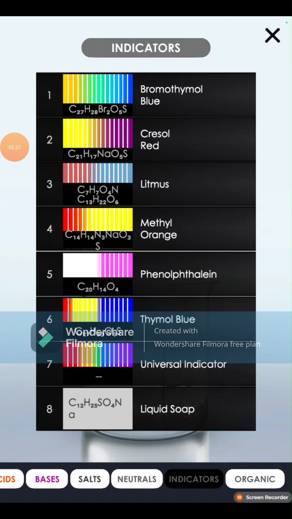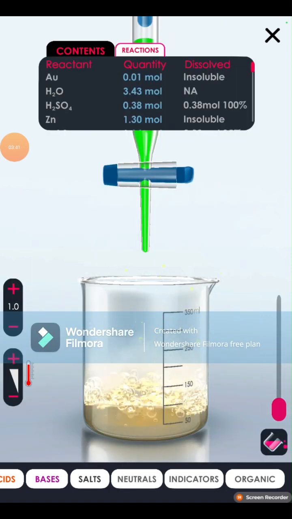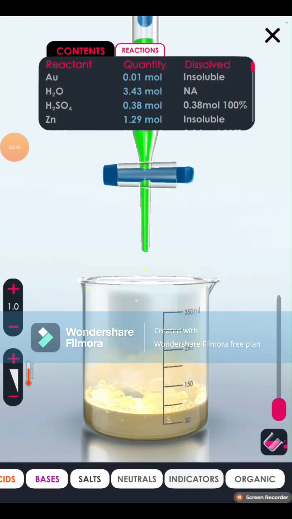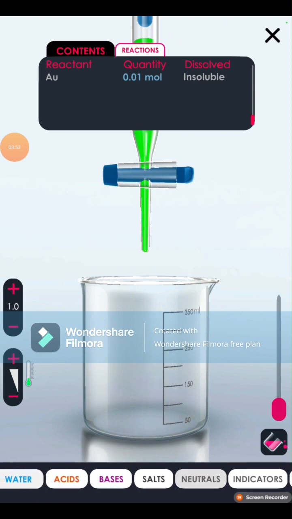Now let's check with the indicator. As you can see, it's a weak acid. It's getting weaker because of reacting with the zinc. Okay. Now let's make a piranha solution.